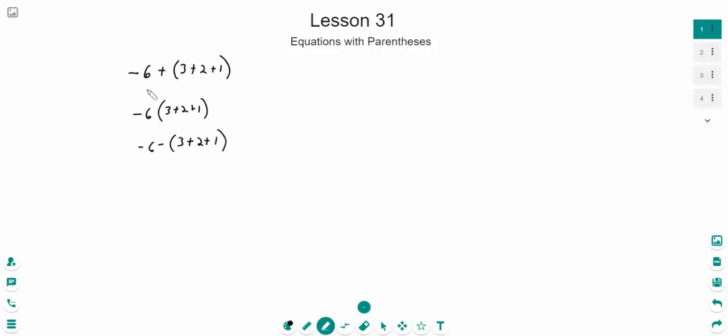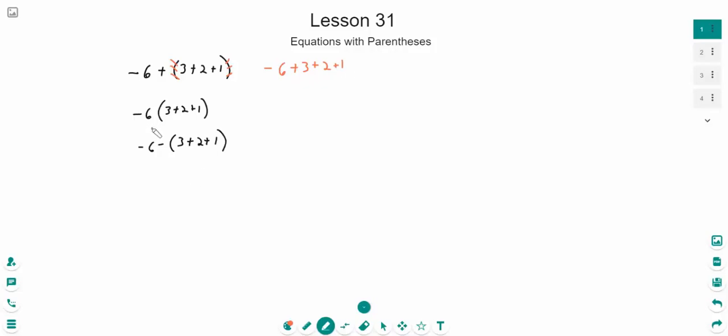The goal here is just to clarify when we're permitted to drop the parentheses without changing the value of our expression. So in the first one, negative 6 plus this set of parentheses, we can actually drop the parentheses right away, and it just becomes negative 6 plus 3 plus 2 plus 1.